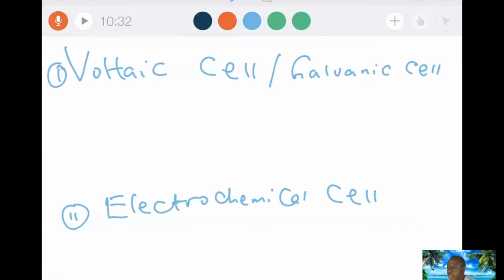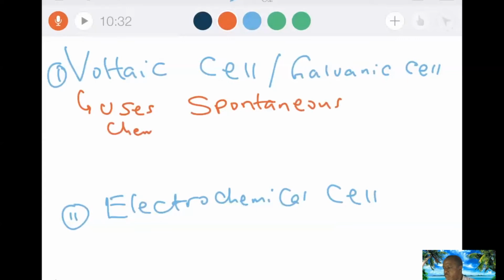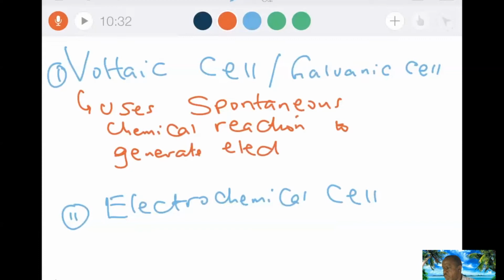Voltaic cell uses spontaneous chemical reaction to generate electricity.